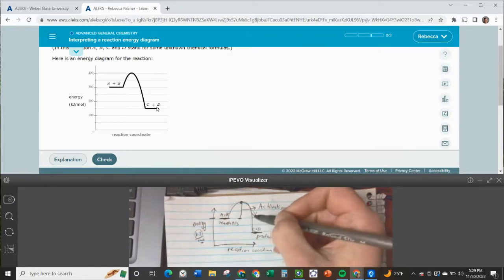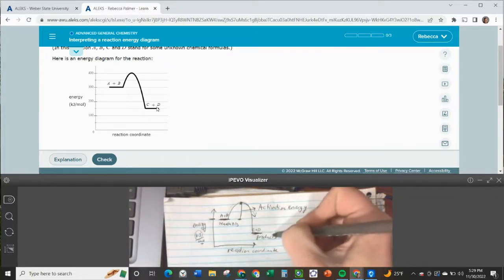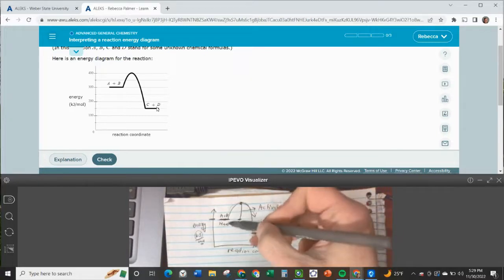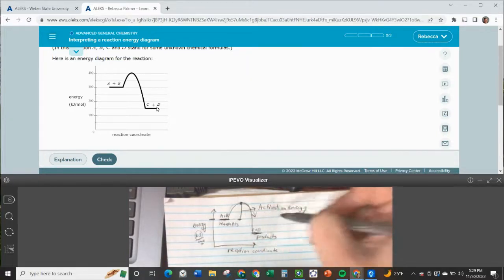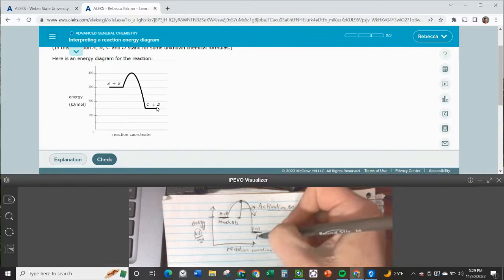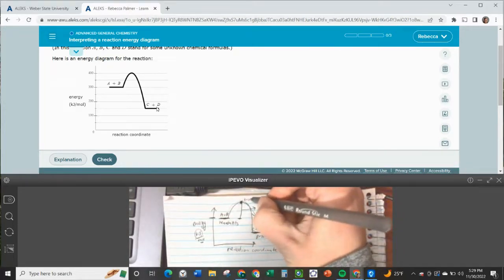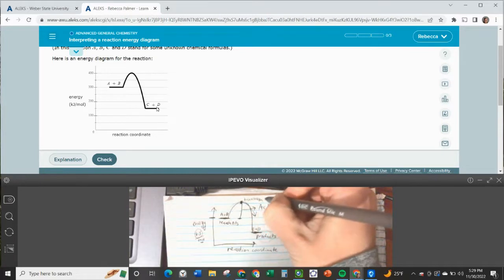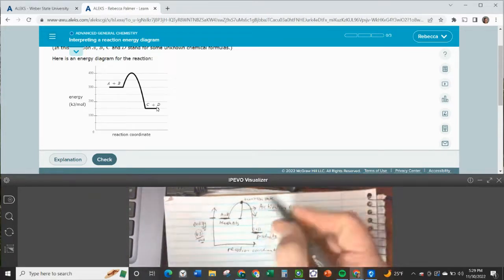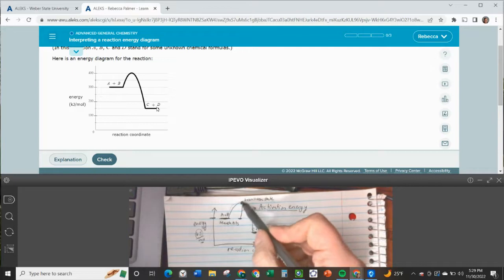So this is kind of like doing a chore. We want something done, but we have this energy barrier, or activation energy, before we can get to the products. And this top point is called the transition state. That's just the highest point of energy in the reaction.